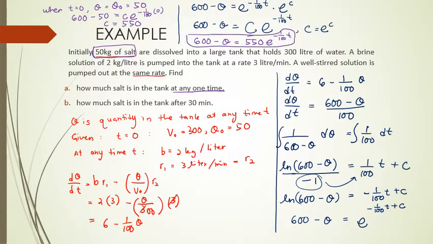Okay, so nak jawab B, kena guna yang baru. So B, how much salt is in the tank after 30 minutes? So dia bagi T sama dengan 30. Okay, so berapa Q? So we get 600 minus Q equal to 550 exponent negative 1 over 100 times 30.